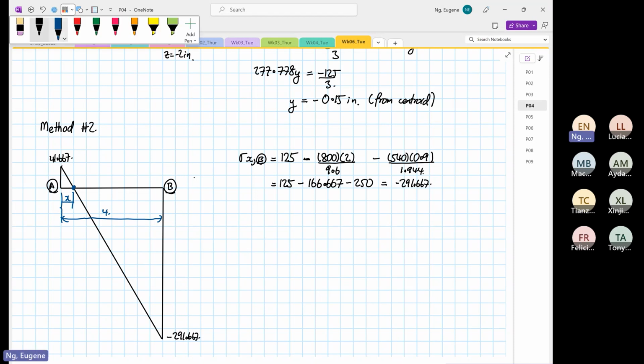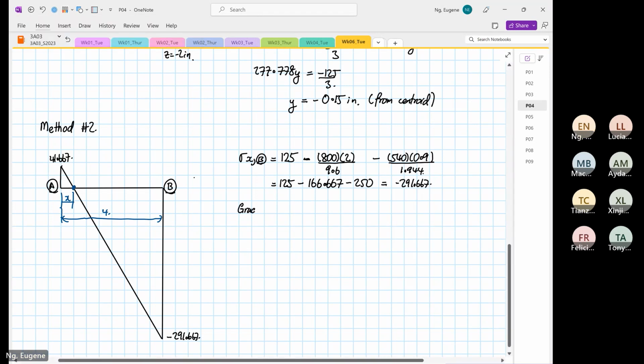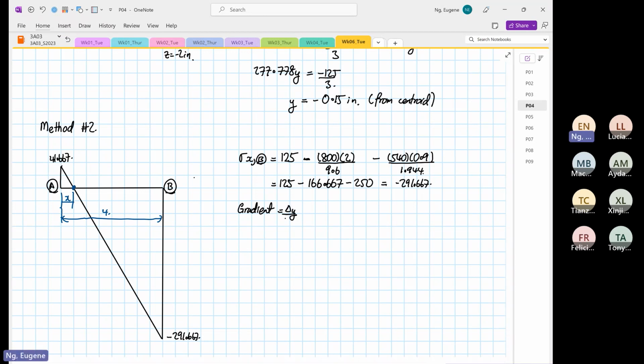So if we were to find the gradient, which is equal to the change in y over the change in x. The change in y is 41.667 minus minus 291.667, and that is the entire length, which is 4.